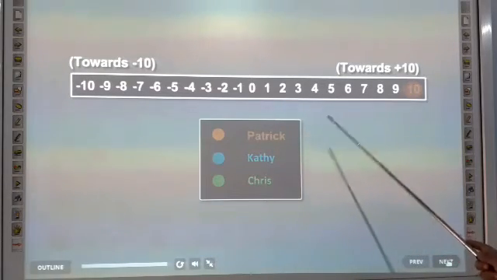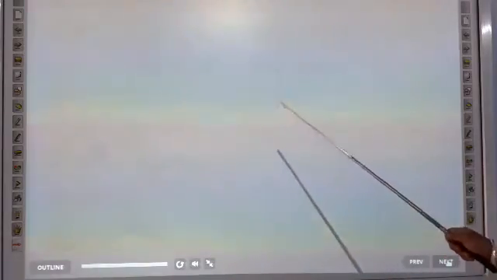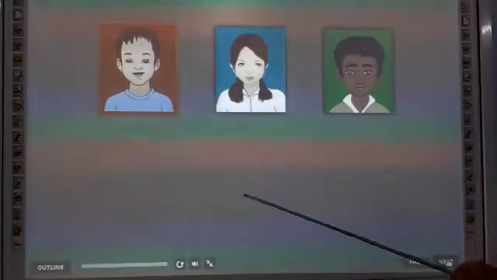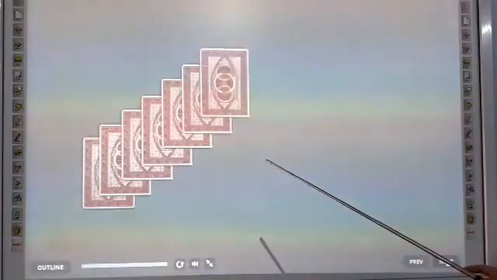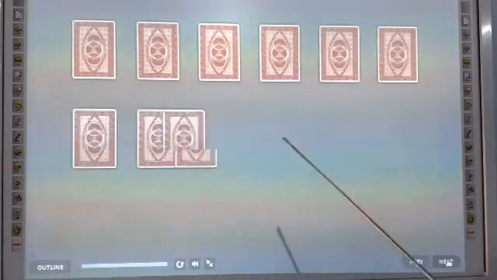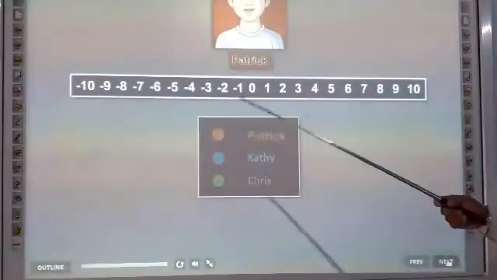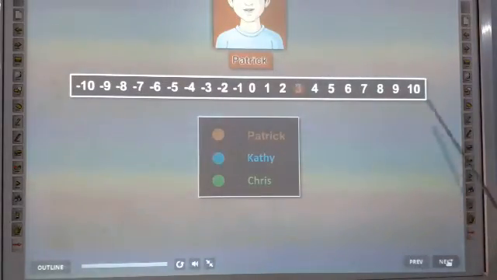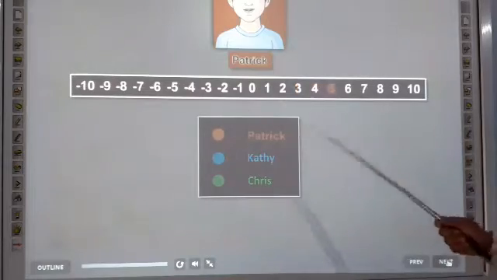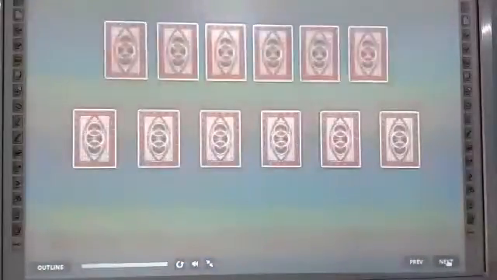Okay, round 1. All integers, negative and positive. Show the diagram.